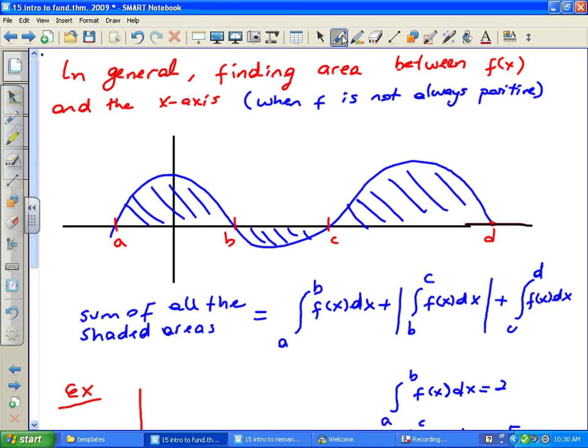So this is the rule. As you can see, from B to C, I took the absolute value of the function because it was below the x-axis. It was negative in that region.